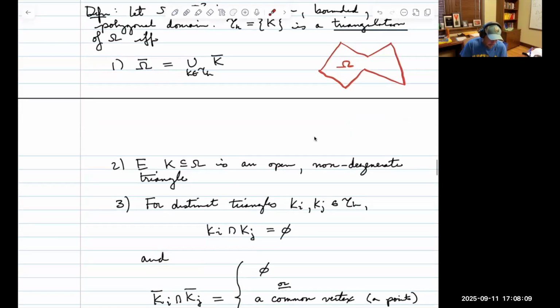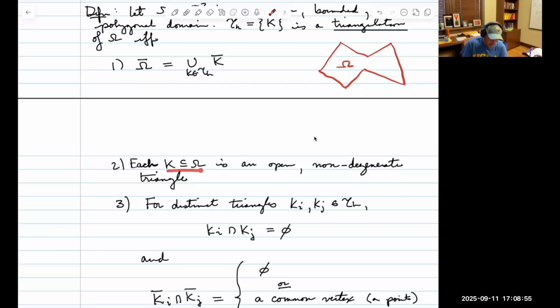The second one is that each element of the triangulation has to be a subset of the open set, and it has to be an open, non-degenerate triangle.